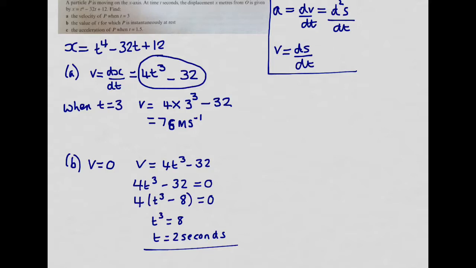Now part C, it says the acceleration of P when t equals 1.5. I need a function for acceleration. I've got something for velocity, I haven't got something for acceleration.